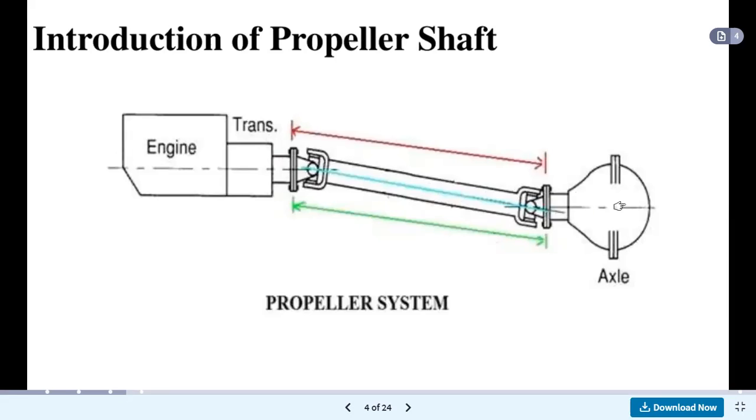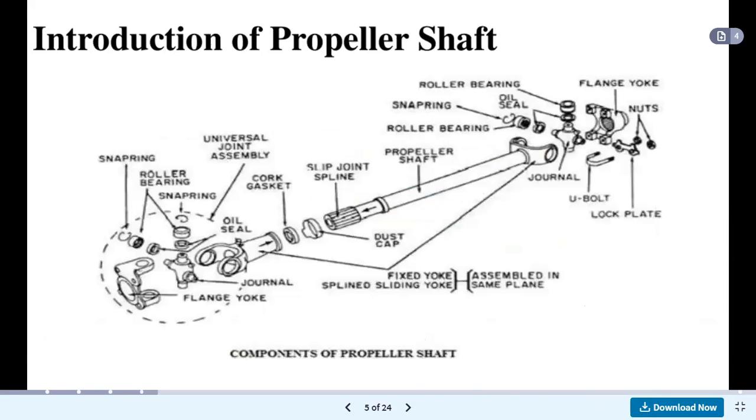And from this rear axle, drive is provided at the middle portion, and from bevel gear, it transmits the rotation at 90 degrees towards the wheels. Okay, in this way transmission takes place. Here these joints are universal joints.